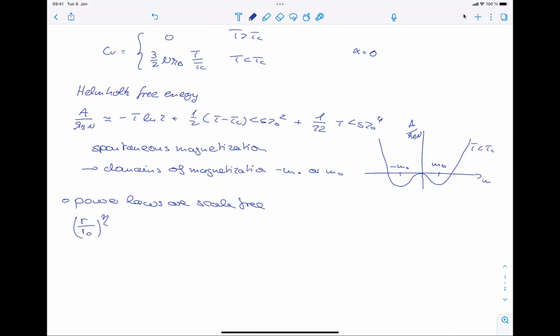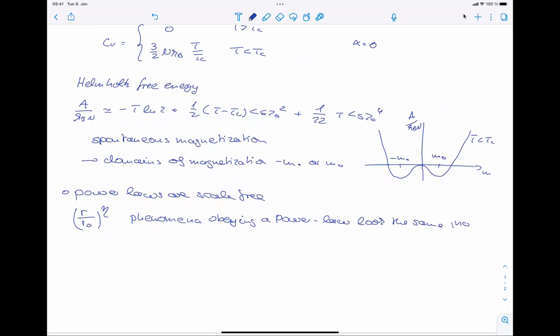You have a rescaled variable to the power of an exponent, and you saw that phenomena obeying power laws look the same no matter at which scale we probe them.